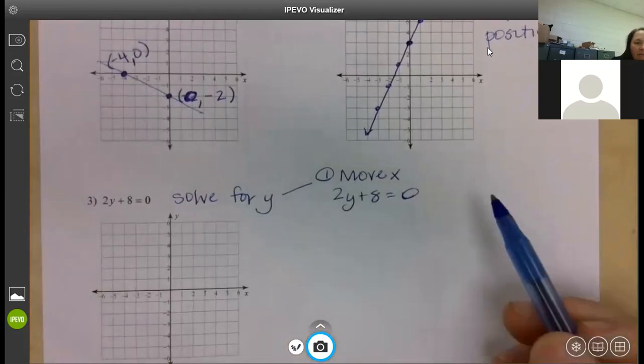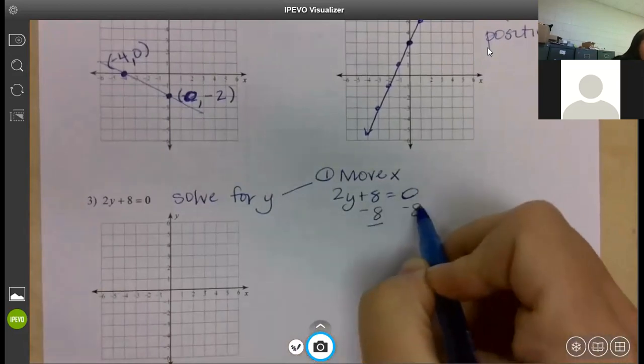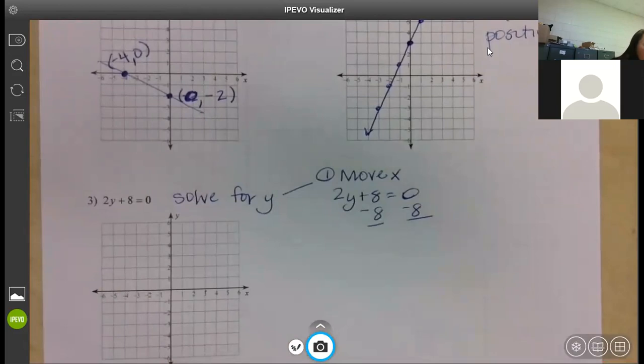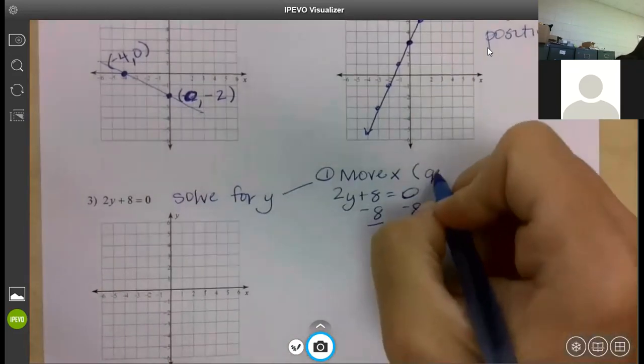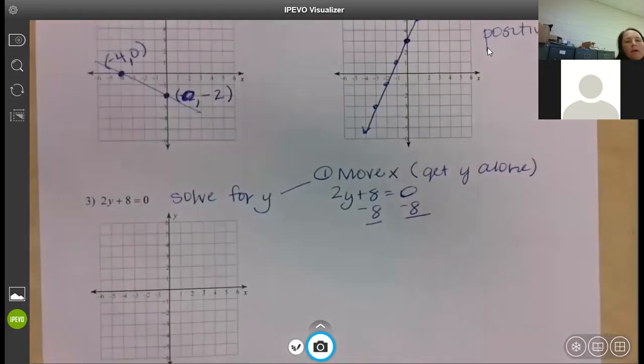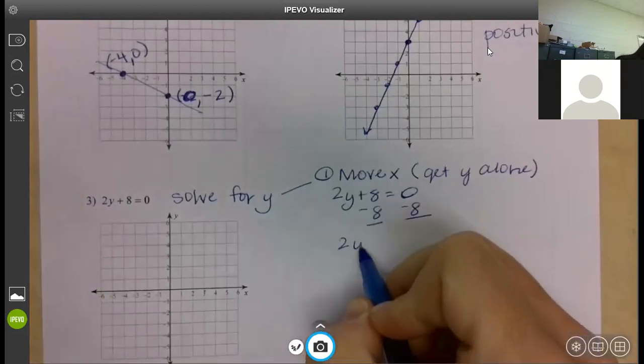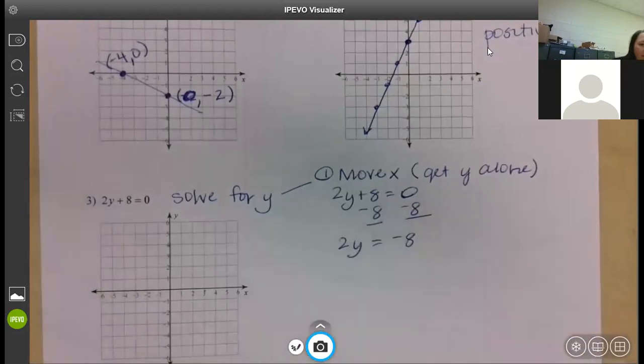So this one doesn't have an x, so we're actually going to move this 8. It's normally over there, but we're going to move it over. So get y alone. Okay, so this is a weird one that didn't have an x. We get 2y equals -8.